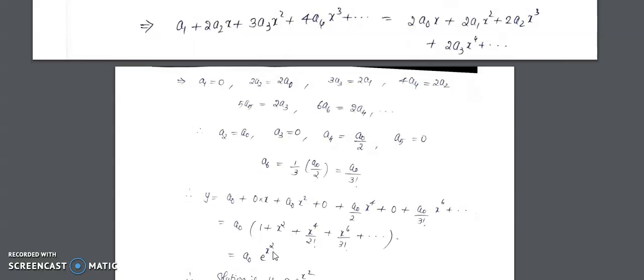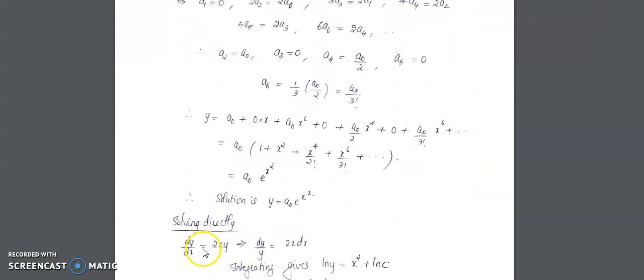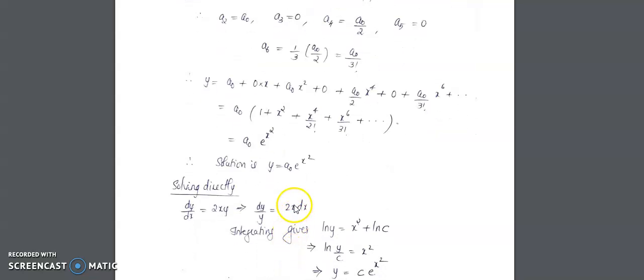Now let us see how to find the direct solution. Okay, so solving directly, we have the equation y dash equal to 2xy, so we can reduce it to the variable separable form. So bring the functions of y together, and bring the terms of x together with dx. So you will get dy by y equal to 2x dx.